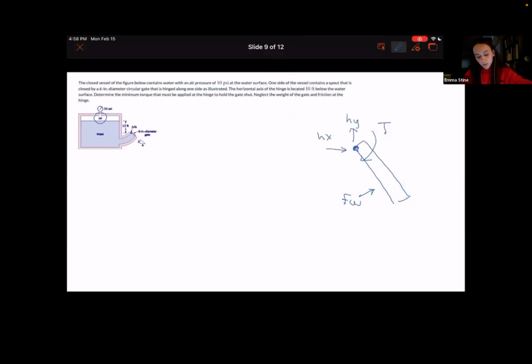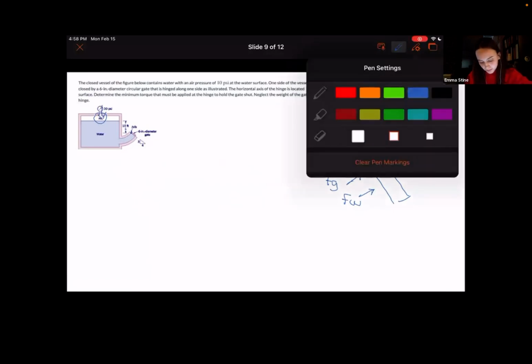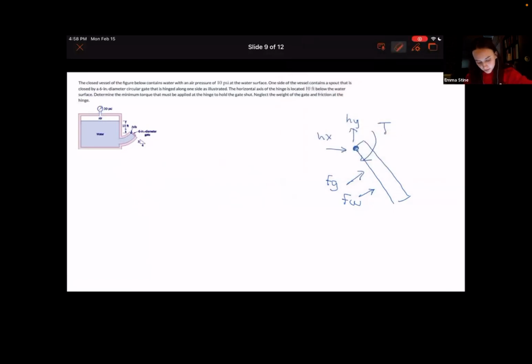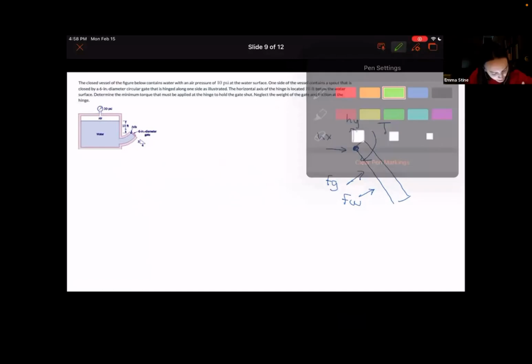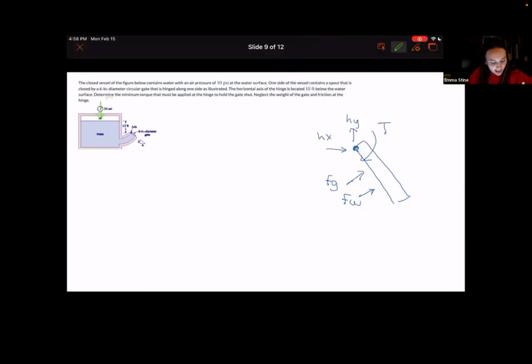So we're actually going to have force gas right here, and it's going to act on the centroid. If we were turning this pressure into a force right here, we would have it act on the centroid of this surface too. So we're having this act on the centroid of the gate. Okay, hopefully some people are still with me.